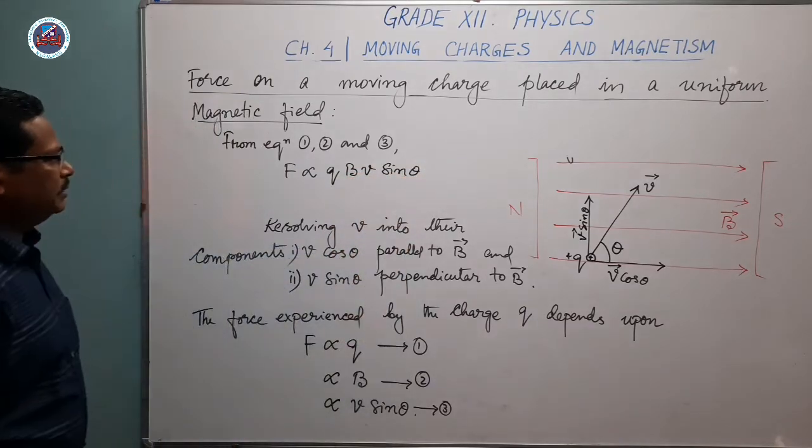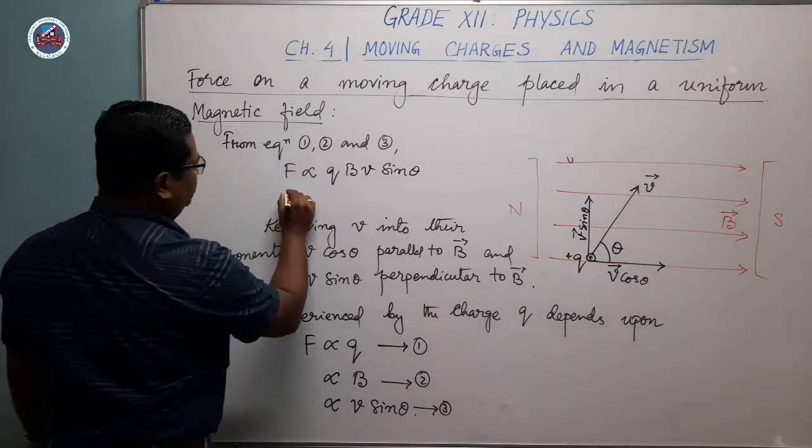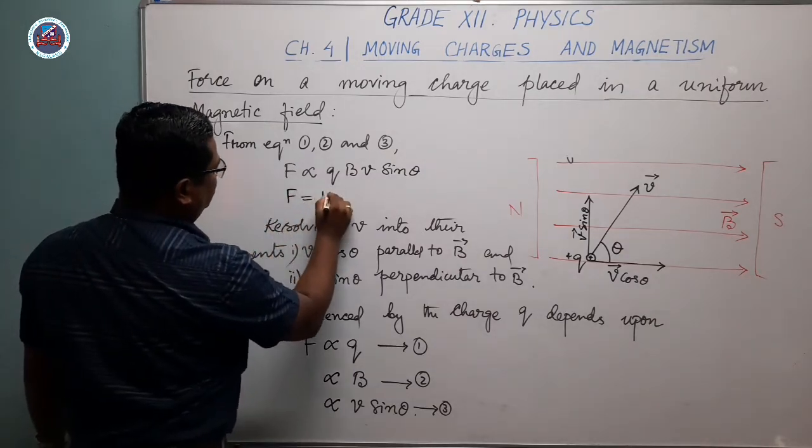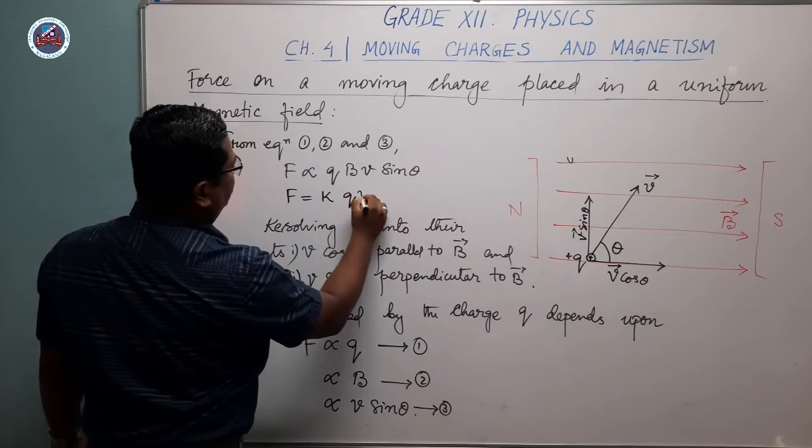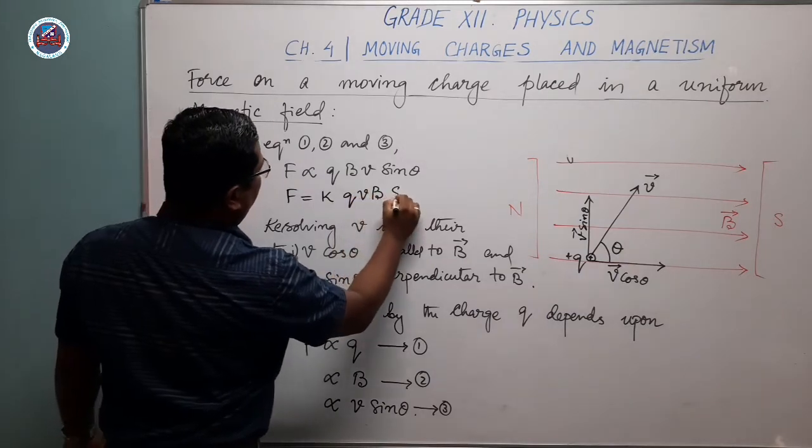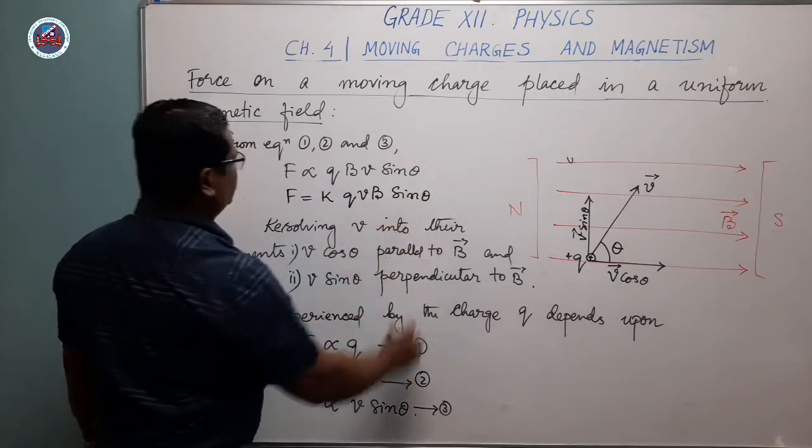And to remove the proportional sign, if you use a constant term K here, Q, V, B, sin theta.